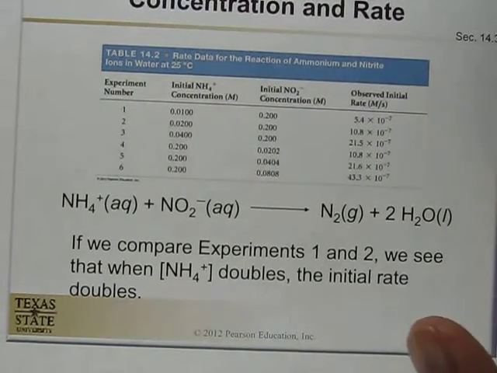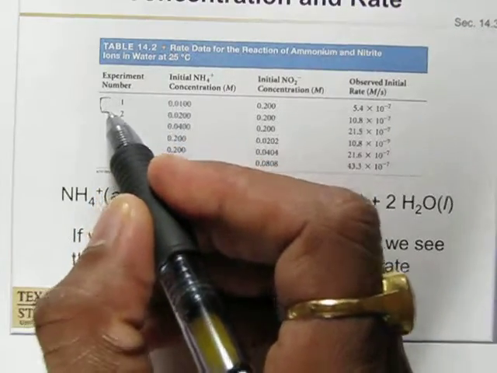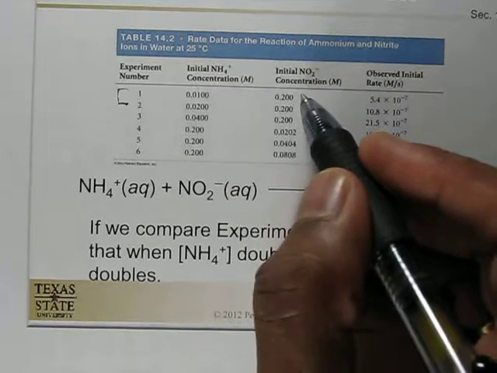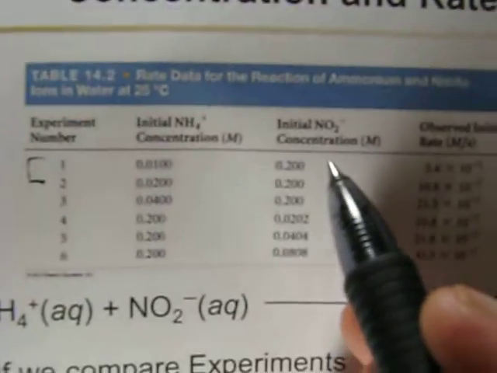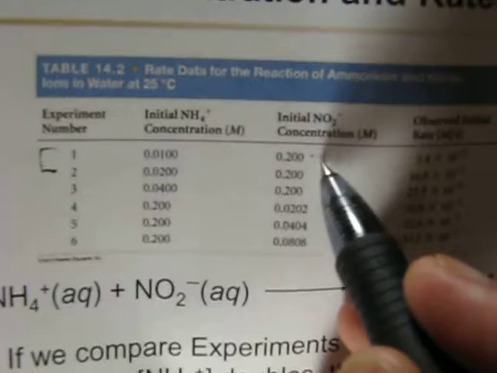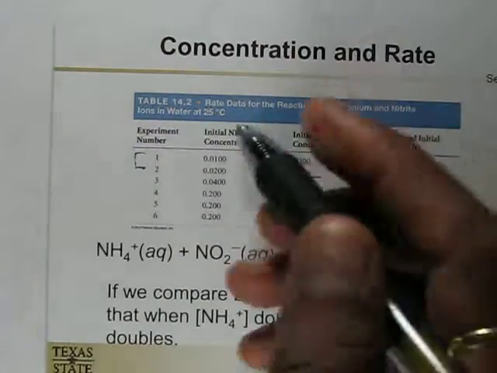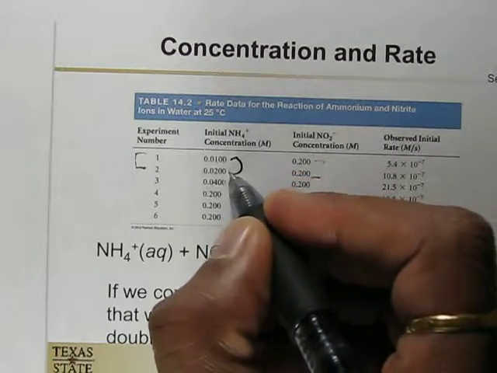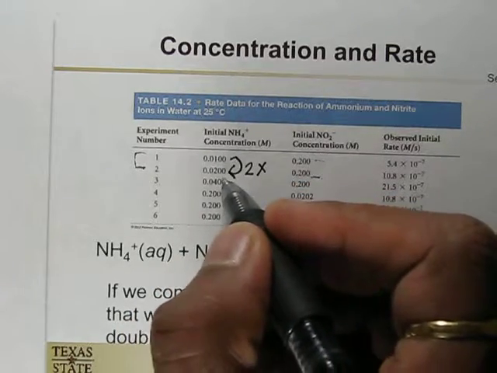So let's look at condition number 1 and 2, where you can see the nitrate ion concentration is constant, 0.2, 0.2, but here we are increasing the concentration of ammonium ion by 2 times, 0.01 to 0.02.